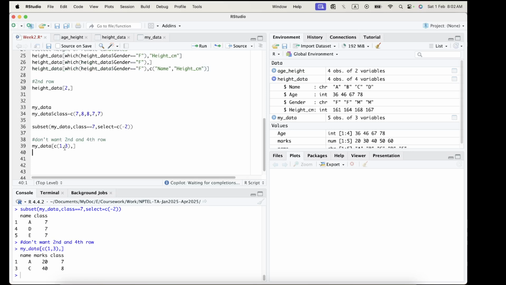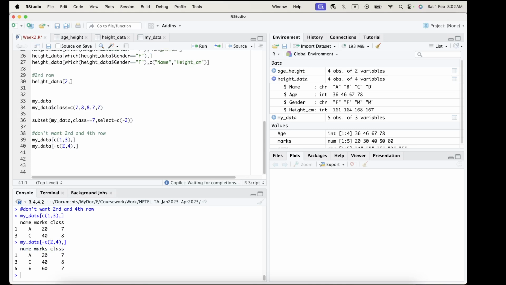But let's say I don't know how many rows this data set has, but I am sure I don't want the second and fourth row. So I'm going to write my data minus whatever I don't want, that is 2 and 4, and then I want all the columns, so a comma over here. Okay, now you see I only get 1, 3 and 5.